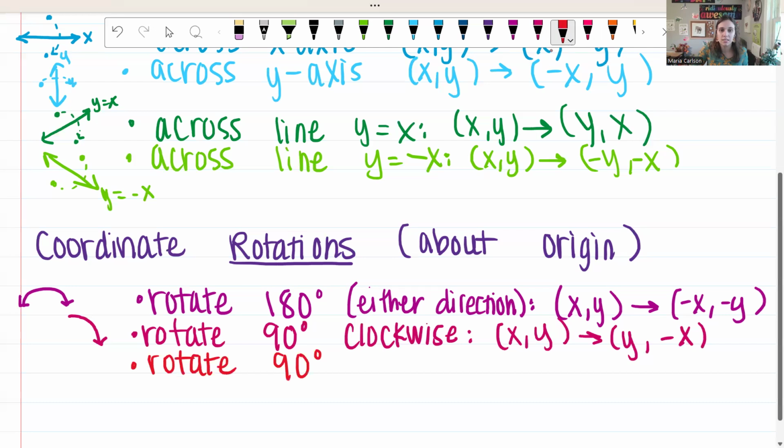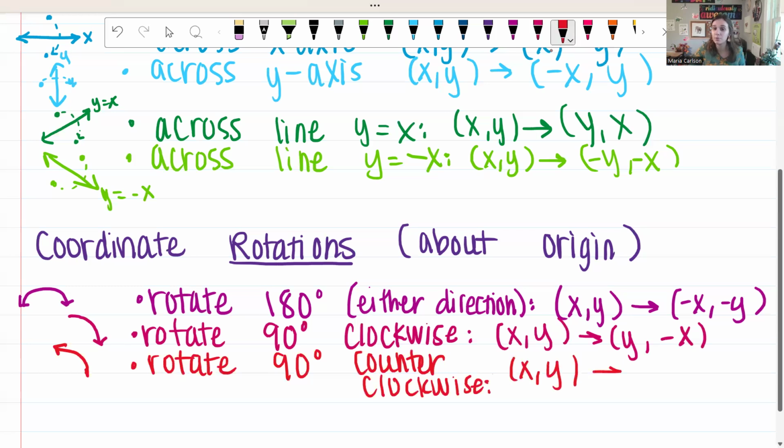If we are going to rotate 90 degrees counterclockwise, that's now going the opposite direction, a quarter of a circle. The point x comma y is going to flip, but now the y becomes negative. It'll be negative y comma x.